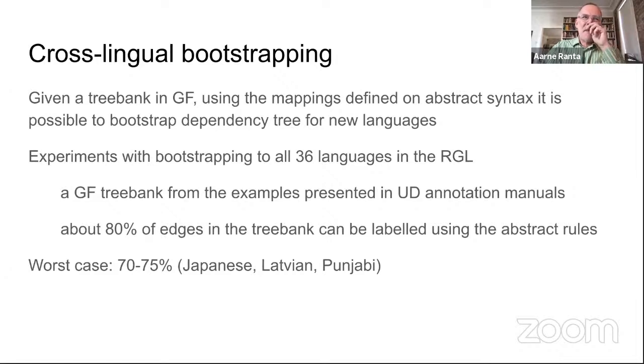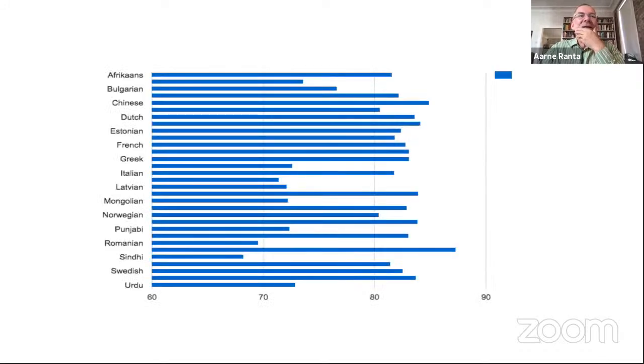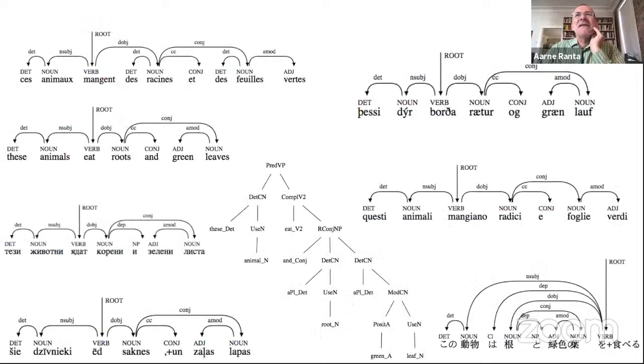And the abstract rules, I mean the configurations which were common to all languages, were usually enough for 80% of the edges. So here are some more statistics about that from that early date. And here are some examples.